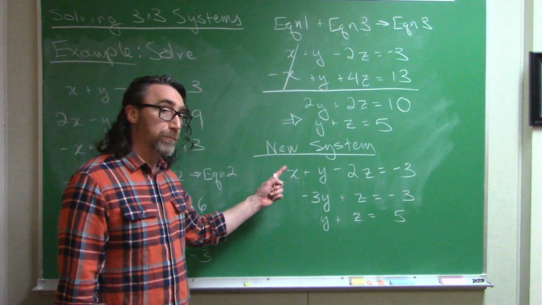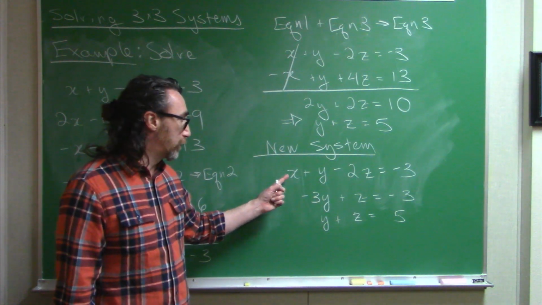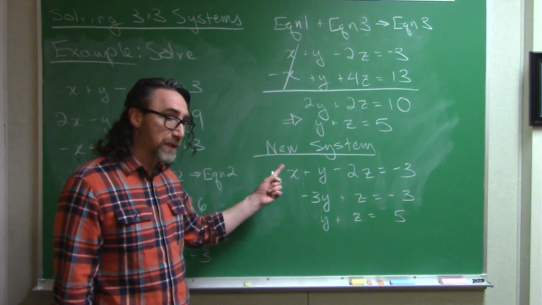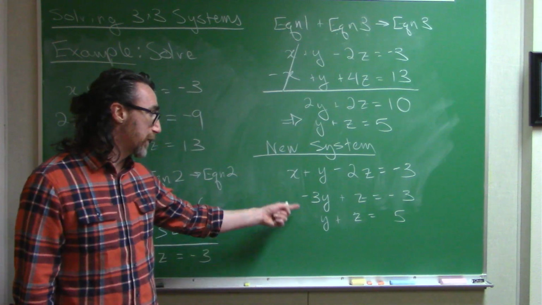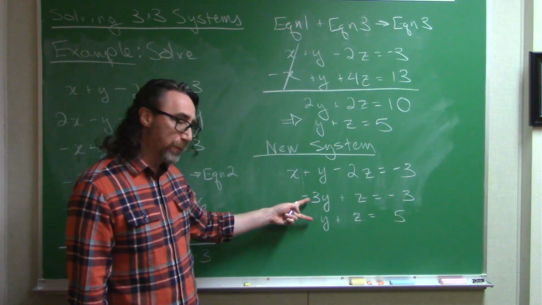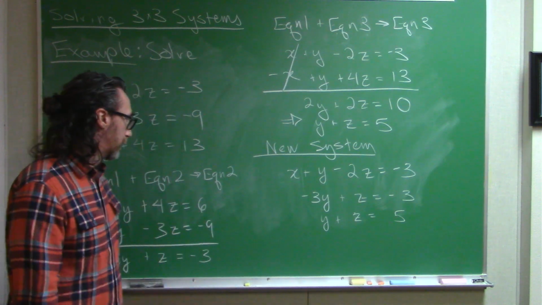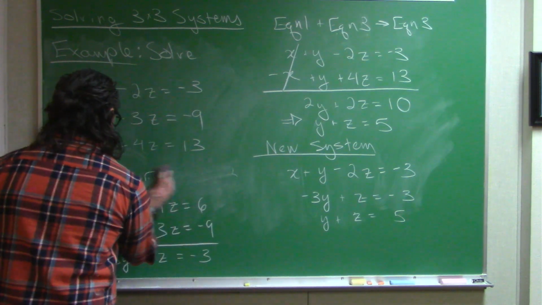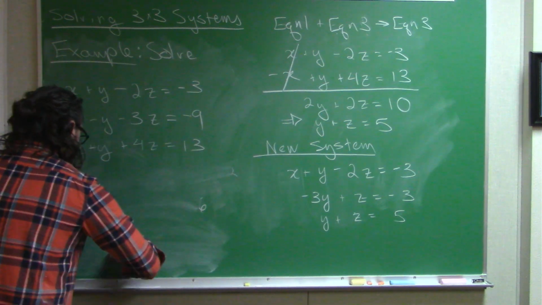So I'm going to do one more elimination. Now, if I use equation 1 again, that would be a mistake. Because if I tried to eliminate the y using equation 1, I would bring back x. I don't want to bring back x, I just eliminated x from the third equation. So now I'm going to play equation 2 and 3 against each other. All right, so my next elimination is going to look like this.